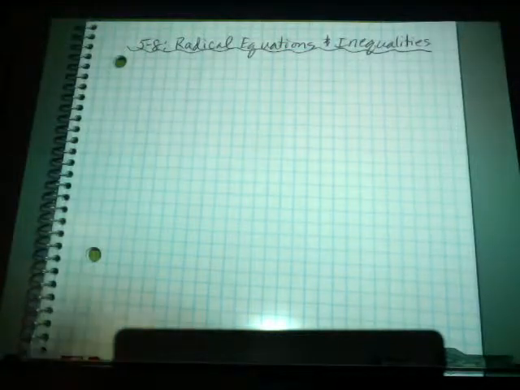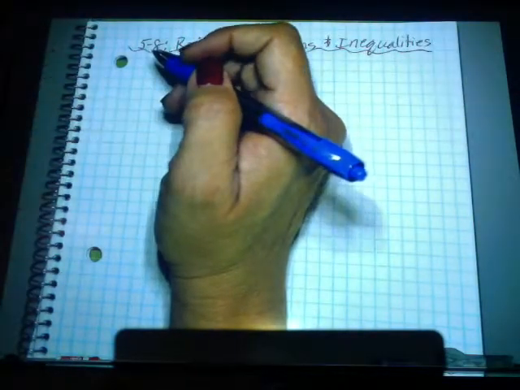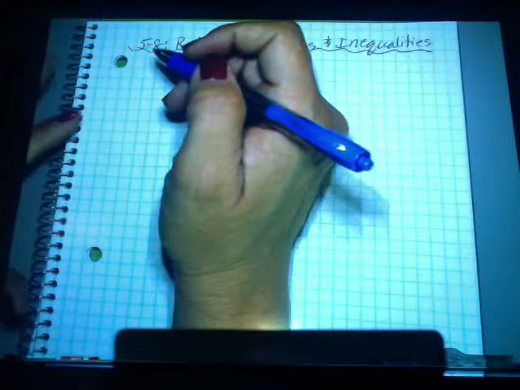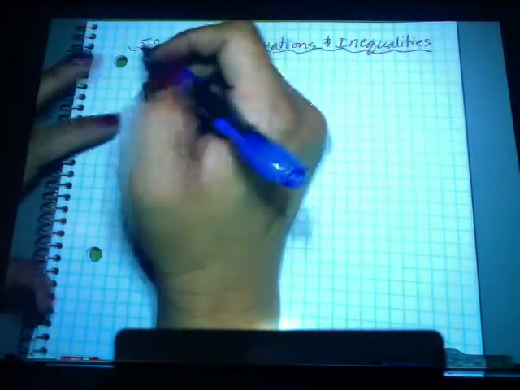So we're going to actually solve radical equations, equations with radicals, and equations with inequalities. Anytime we have an equation with a radical, whether it's an inequality or not, you have to check the answer. So we did a little bit of this before.